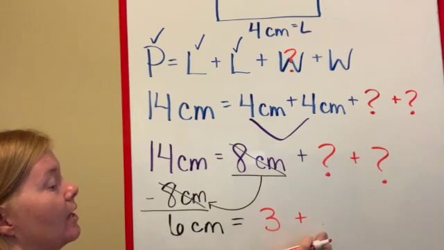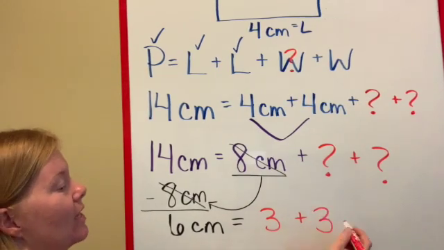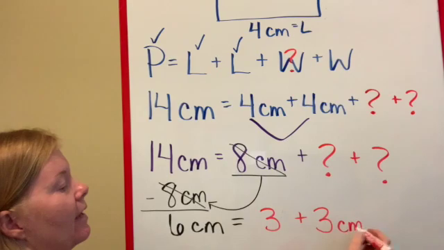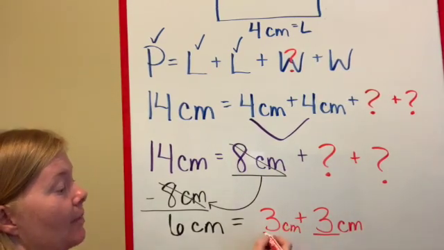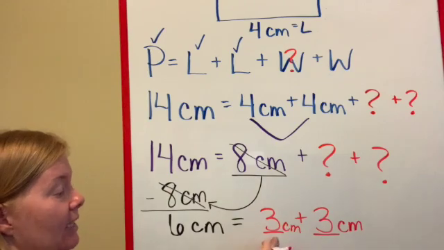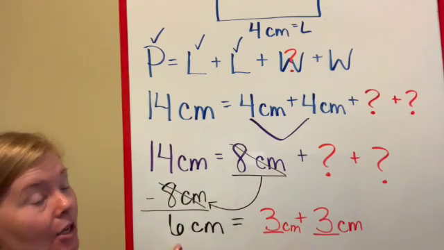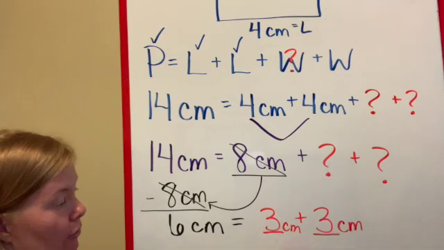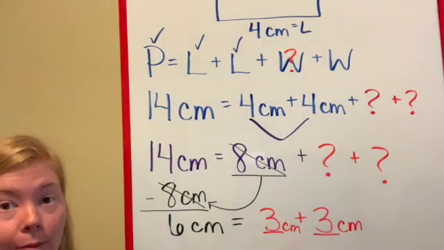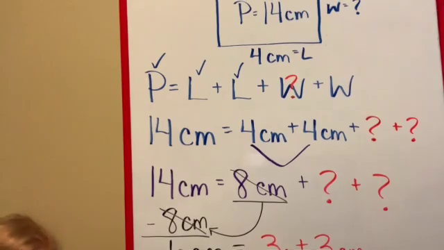Is it just 3? No, Ms. Britt. It's 3 centimeters because 3 is the same number, and when I add it together, I get 6. So that means my answer for my width is 3 centimeters. Let's go back up to our problem and try that out.